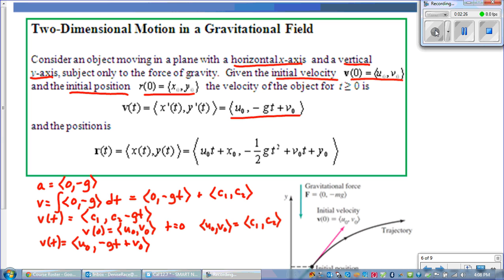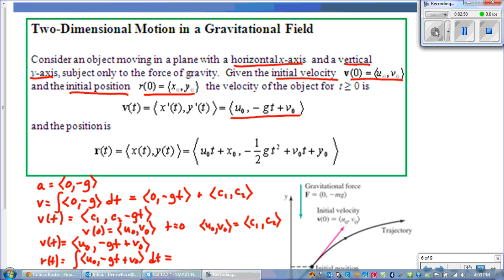Now let's find the position vector. If we have the velocity vector and we want the position vector, we need to integrate again. So r of t will be the integral of u naught, minus gt plus v naught, with respect to t.